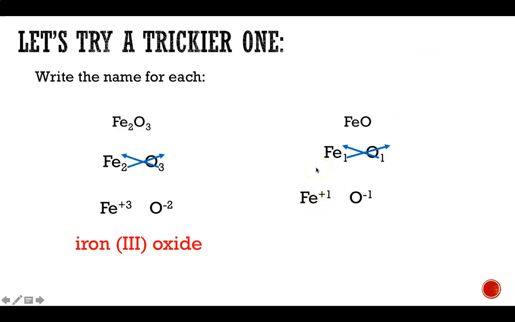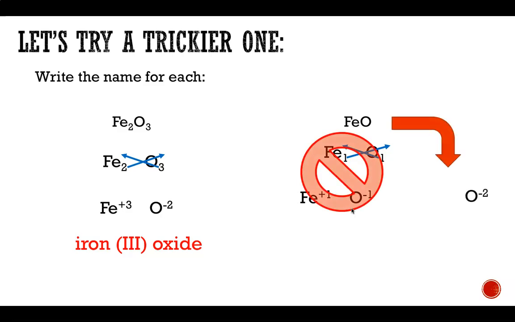You should see that it's not. Fe, iron, cannot become +1. And also, we know that oxygen, which has 6 valence electrons, always is going to be -2. It only needs 2 electrons. So we've got to think a little bit harder about this one. We don't just write iron 1 oxide because there is no such thing as iron 1.